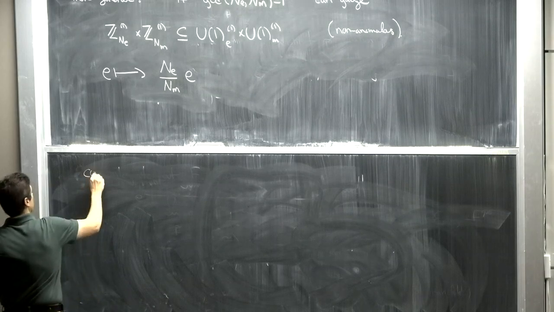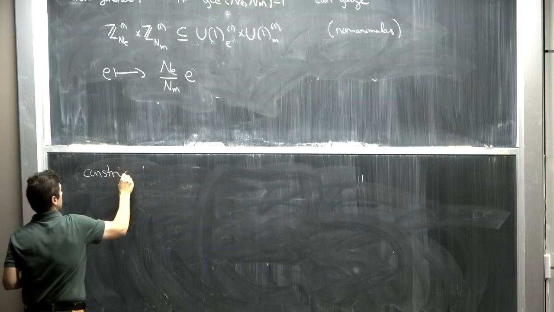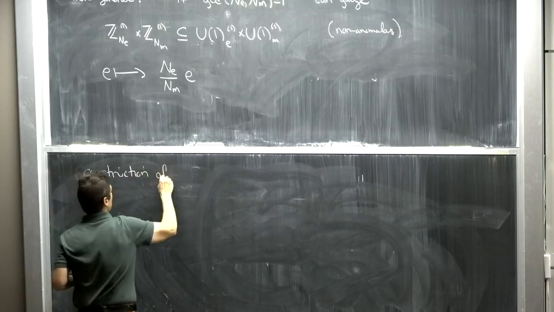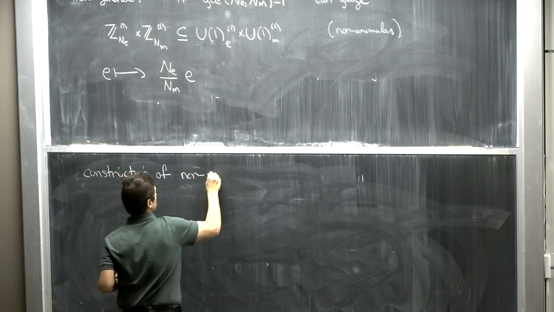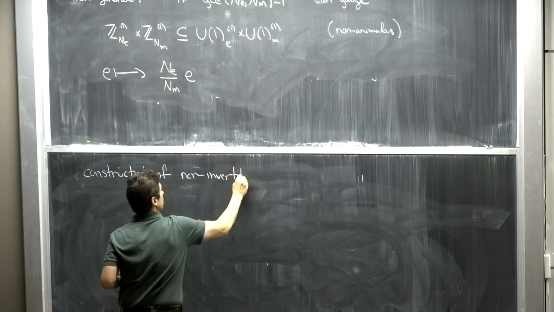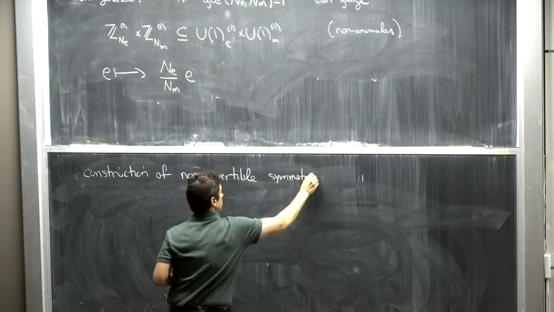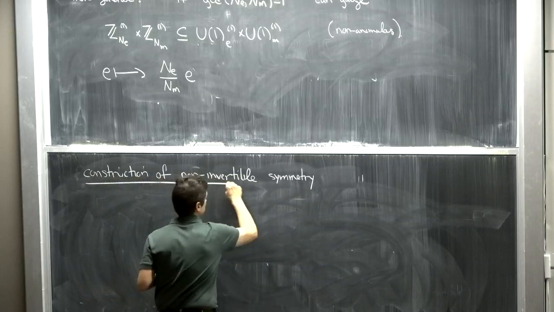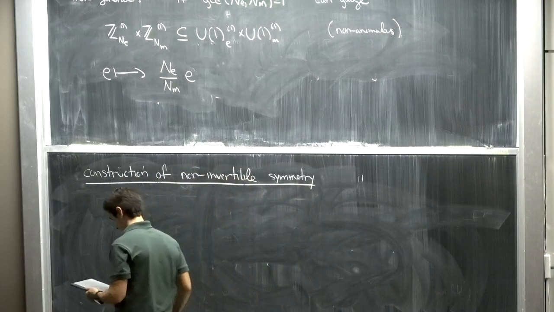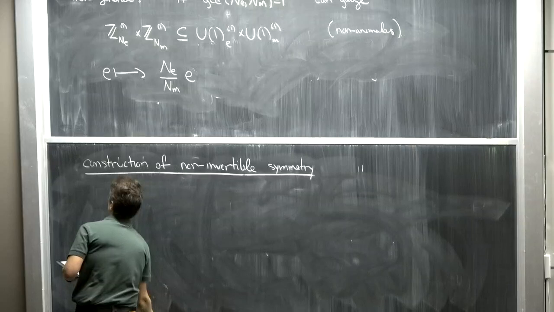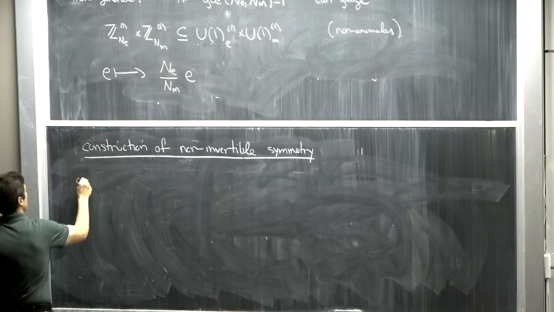So we're now ready for the construction of non-invertible symmetry. And we will simply define it by the following composite operation.